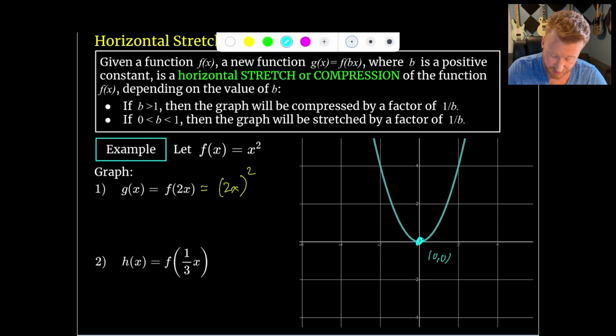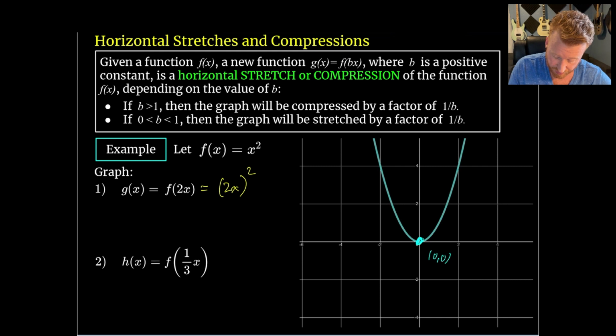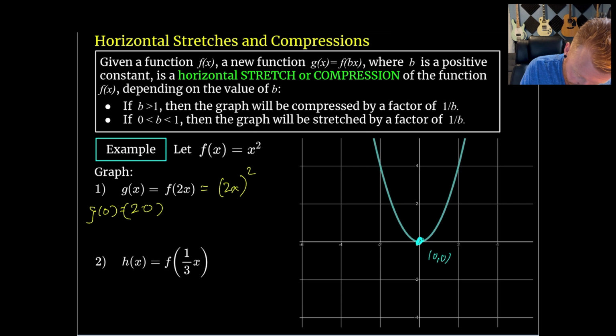So we'll see what happens with this. And I don't think that we'll find anything too surprising, since g of 0 is going to give us 2 times 0, all being squared, which is just 0 squared, which is 0. So they have a common point here at the vertex.